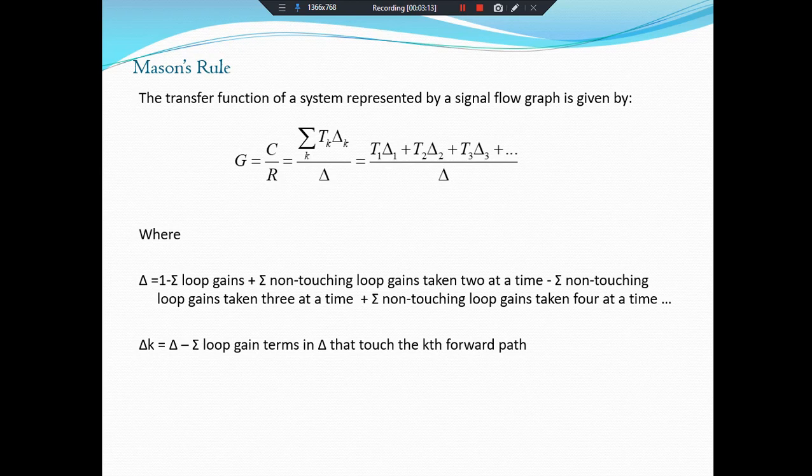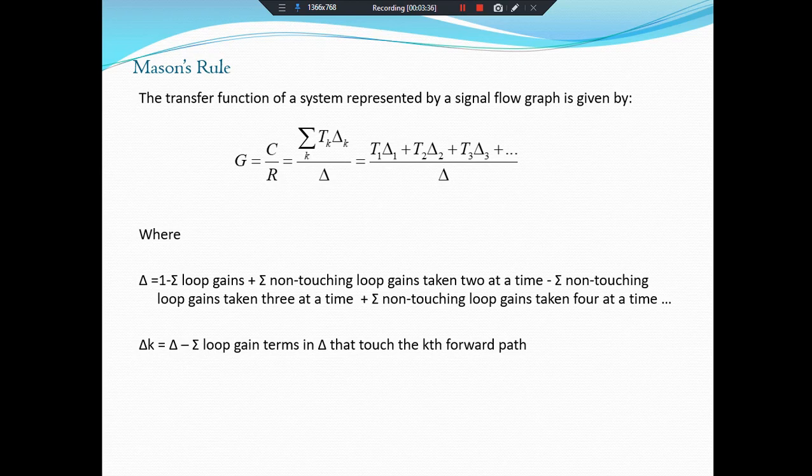We will write here only delta minus the summation formed by eliminating from delta those loop gains that touch the kth forward path. For the first forward path, we consider the first, for the second we put the second, and so on.